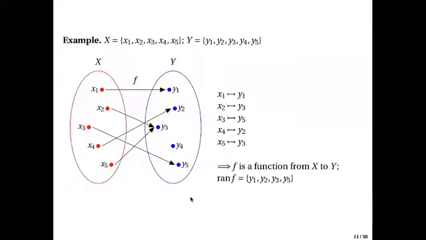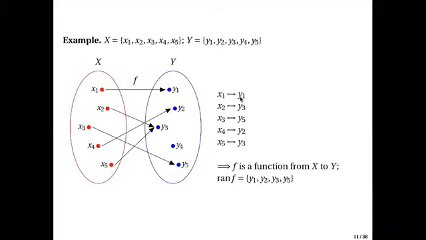Okay? So for example, this was a function and I told you that these guys here, they have unique partners from Y. Now, your X1 is associated to Y1.